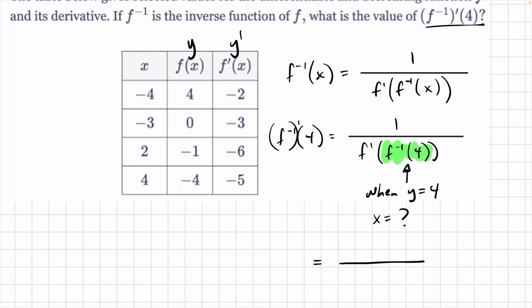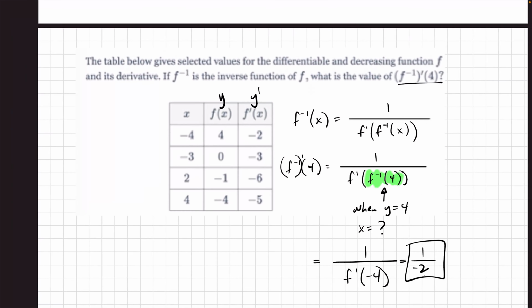So then we go 1 over f prime of -2. Okay. So that's when we get a table.